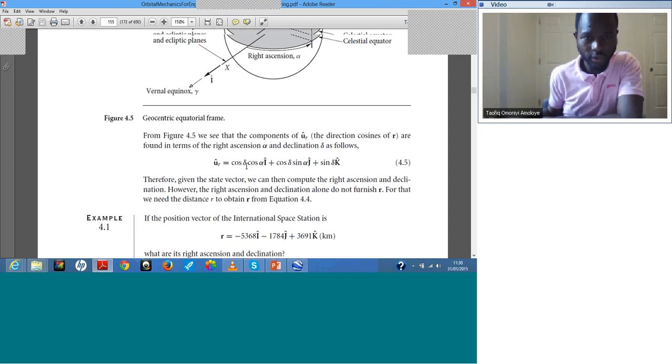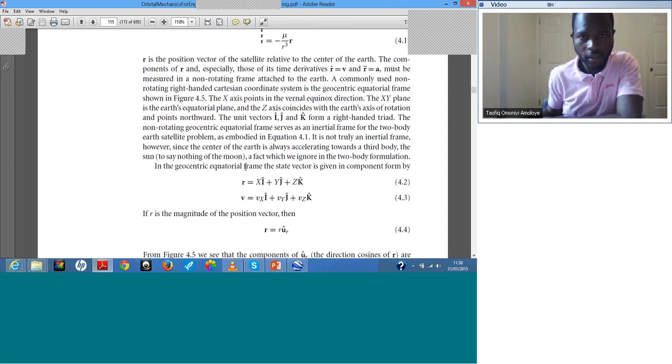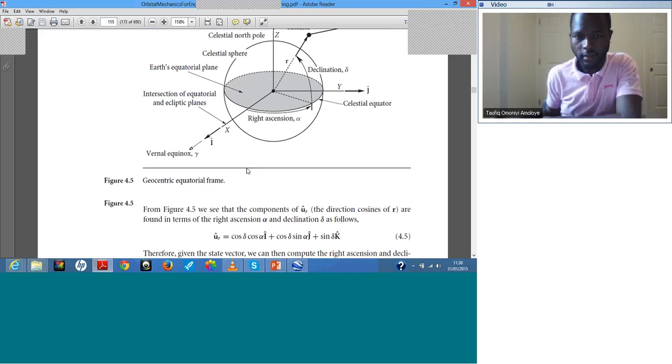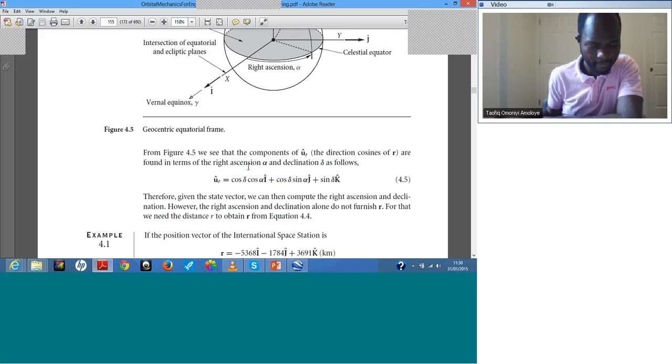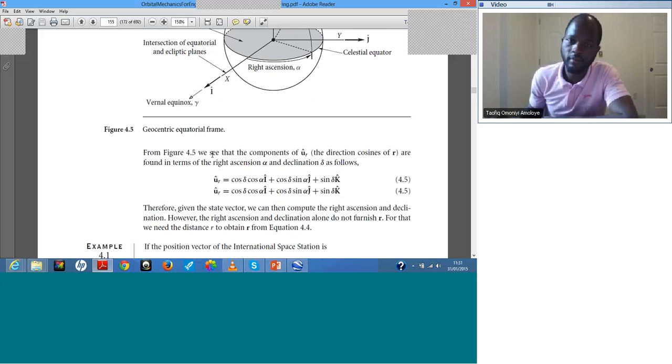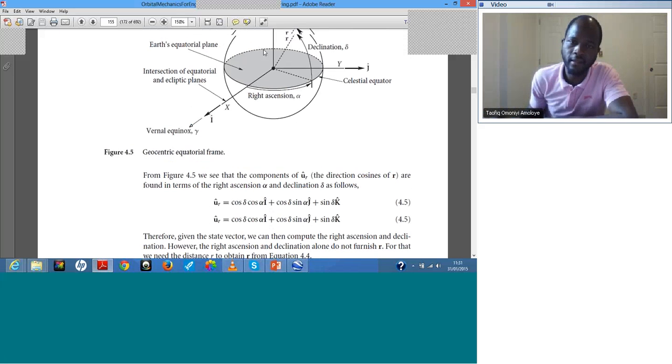And we just note that since delta is arc sine n, there is no quadrant ambiguity by definition, since the declination lies between minus 90 degrees and plus 90 degrees.